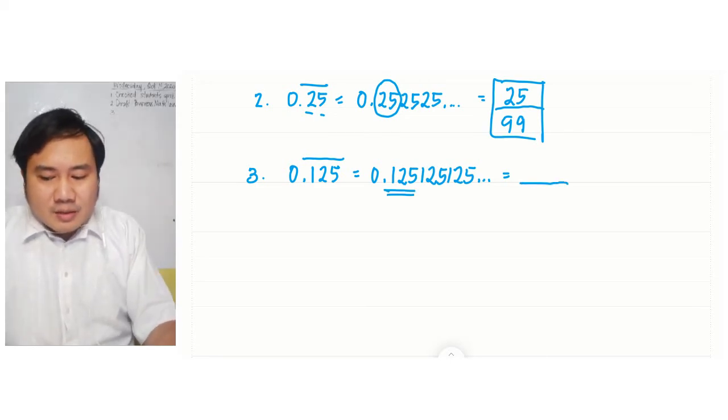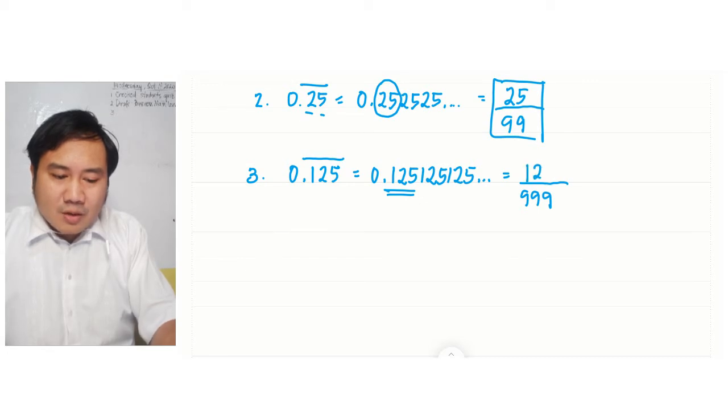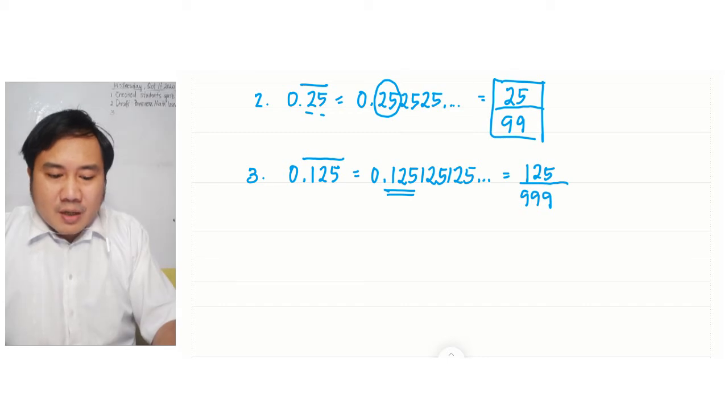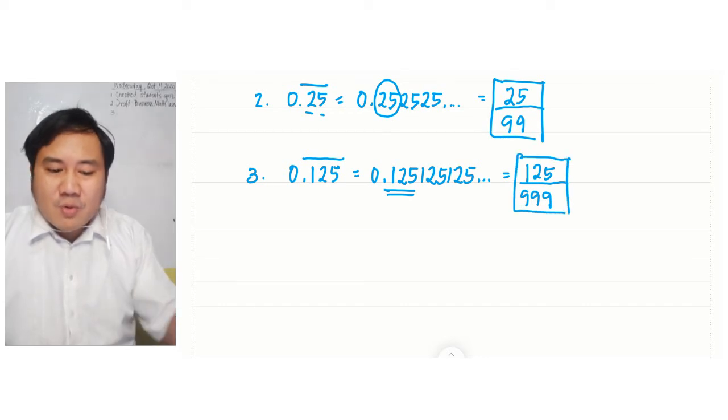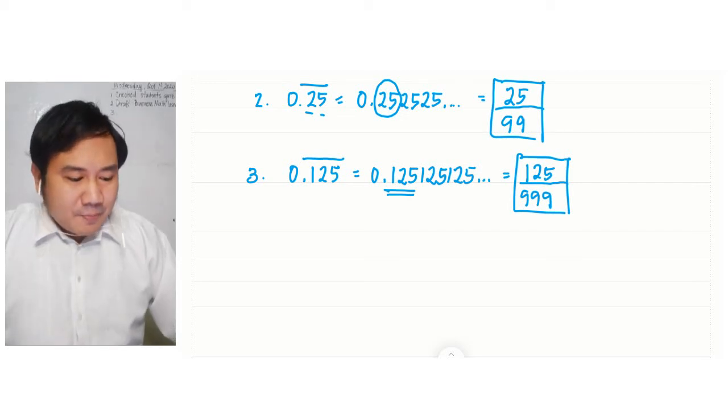There are 3. So, there are 3 nines. 1, 2, 3. And then, ano yung digits na nauulit? 1, 2, 5. So, write on your numerator the 1, 2, 5. So, 0.125 bar is 125/999 in fraction.